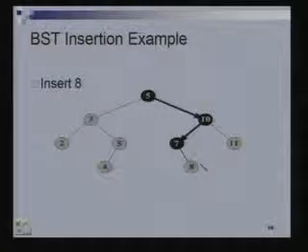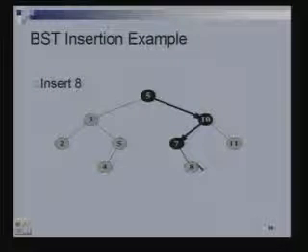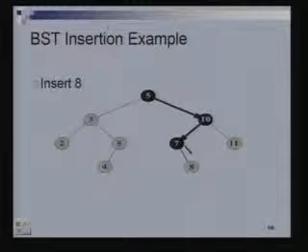So, I put 8 right here, which means that 8 becomes a right child of 7. Basically, the point where the search fails, we insert there. Wherever the search fails, because we hit a null reference, we put the node there. That is all insertion does.